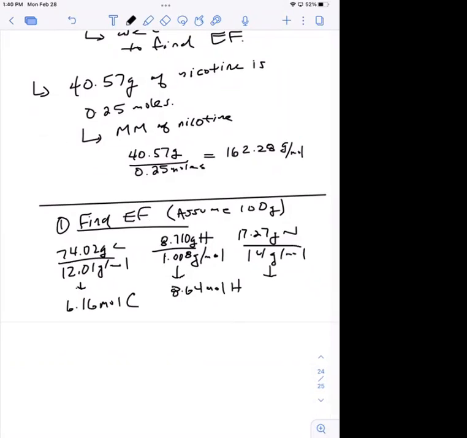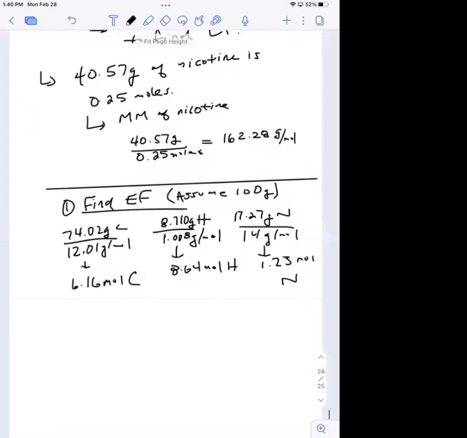Somebody got that one? 1.23. Excellent. 1.23 moles of nitrogen. I think I said oxygen. My bad. It's nitrogen. All right, great. So now, once we have these numbers, what can we do? We put them in a chemical formula.